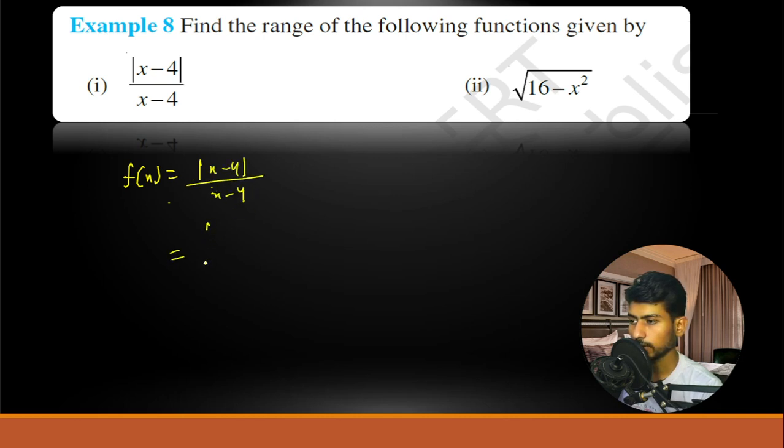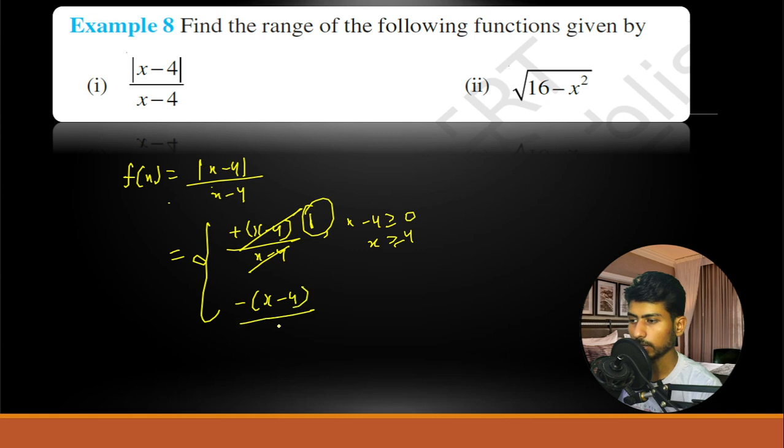So can I say that it will give me positive (x minus k4) upon (x minus k4) when x minus k4 is greater than 0, that is x is greater than 4. Understood? So when I cancel this, I will get 1 as the answer here. And it will give me minus (x minus k4) upon (x minus k4) when x minus k4 is less than 0, that is x is less than 4.